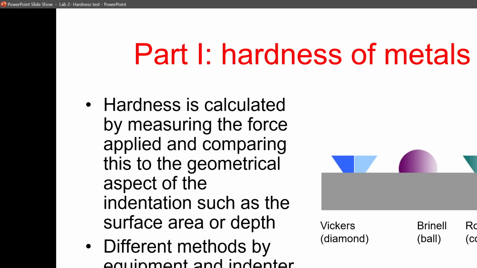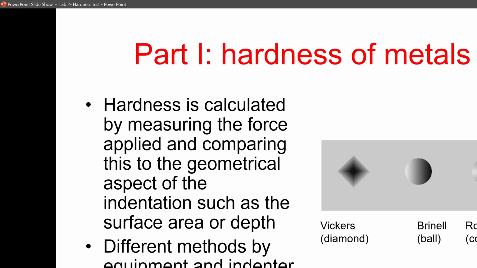Three different types of hardness tests are shown here. These are the indentation tests: the Vickers test, the Brinell test, and the Rockwell test. The difference between all of these tests is the tool you use to create the indentation. For the Vickers, we have a diamond-shaped indenter.